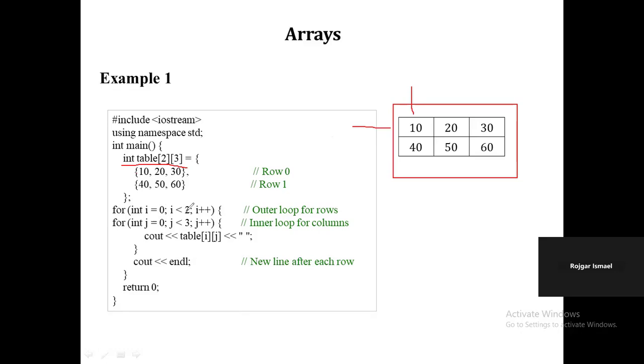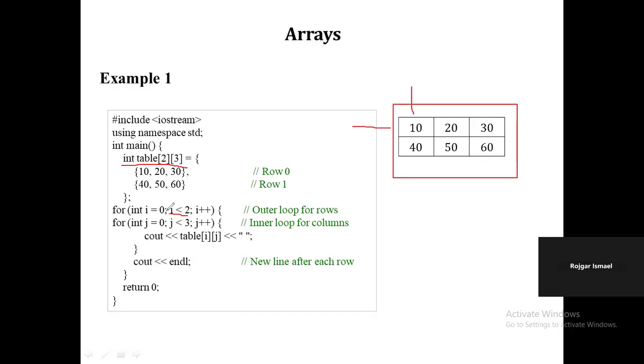Take care, this condition, it means 2 is same as the row size. Then i plus plus. For integer j, it is relating to the column, equal to 0, then j should be less than 3. 3 again, the size of the column, j plus plus.